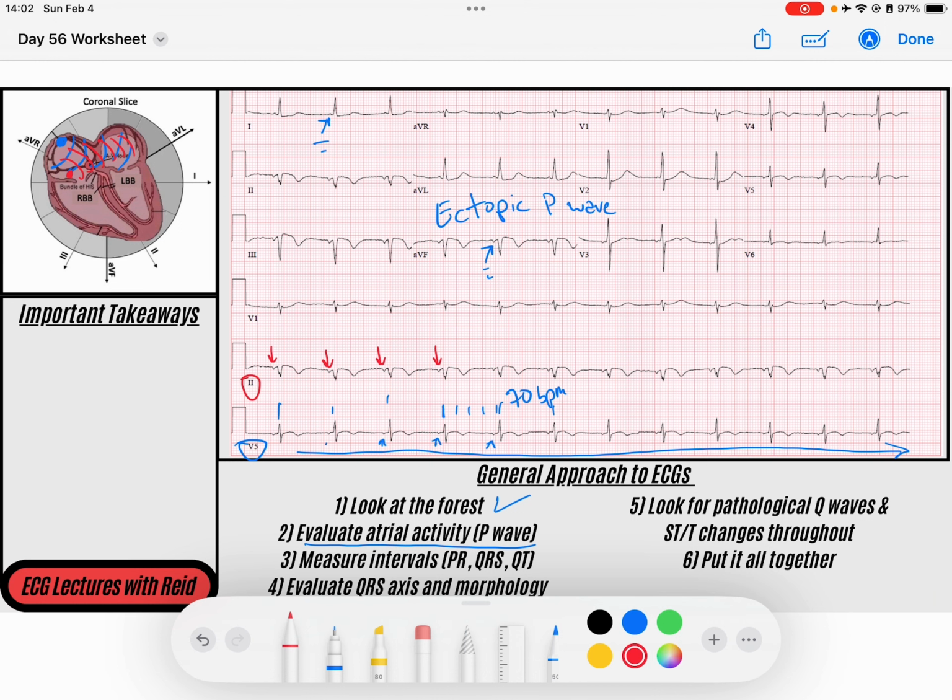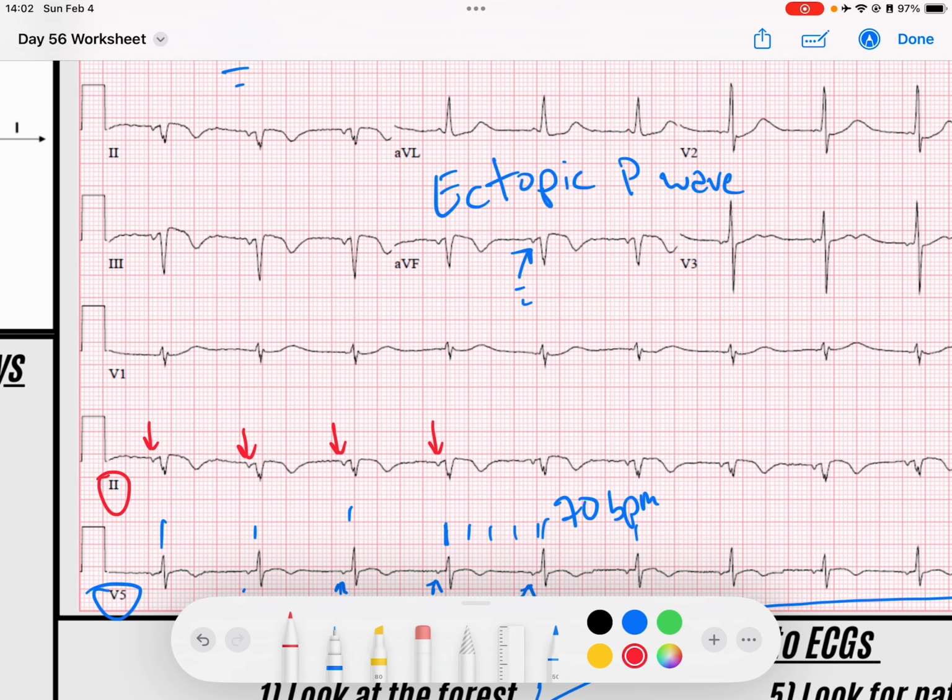Let's talk about the next thing in the conduction system, which is going to be our intervals. I like to look at the PR interval first because that's the AV node. PR interval here, if I pick maybe this QRS here, my PR interval is normal. My PR is less than 200 milliseconds, so that is normal.